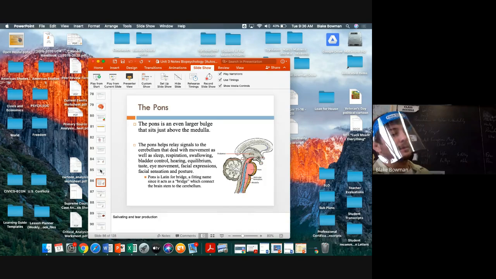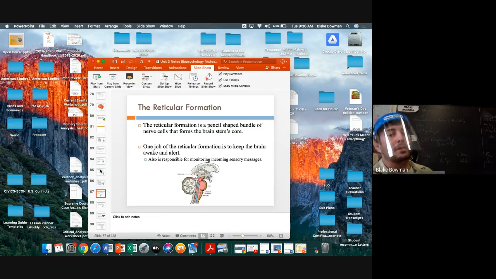It literally means bridge. It's a bridge to the cerebellum and the midbrain. So salivation, tear production, facial expressions, like I said. Those are the basic functions of the pons. Good. Remember, bridge. That's what it means.